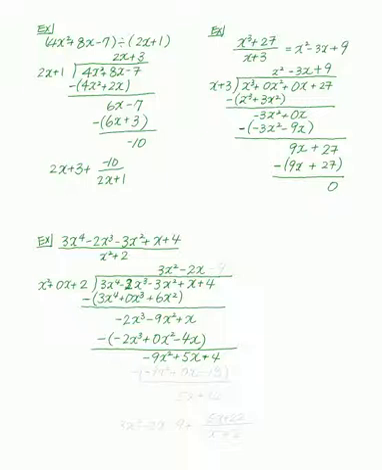Now I need something times x squared to give me negative 9x squared. That's going to be minus 9. Negative 9 times x squared is negative 9x squared. Negative 9 times 0x is 0x. Negative 9 times 2 is minus 18. And now I'm going to subtract. Negative 9x squared minus negative 9x squared, 0.